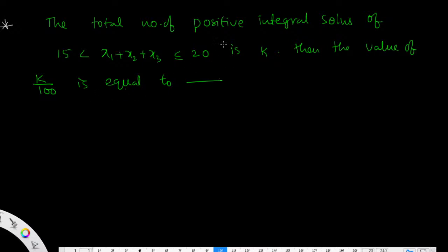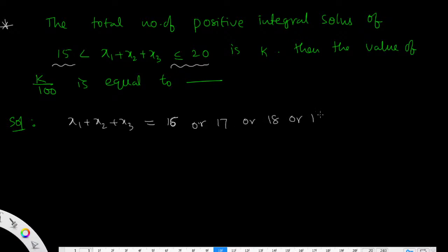So the condition is given, positive integral solutions are given. So x1 plus x2 plus x3 lies between 15 and 20. That means it starts with 16, or 17, or 18, or 19, and 20 will also be there, since it is given as less than or equal to.